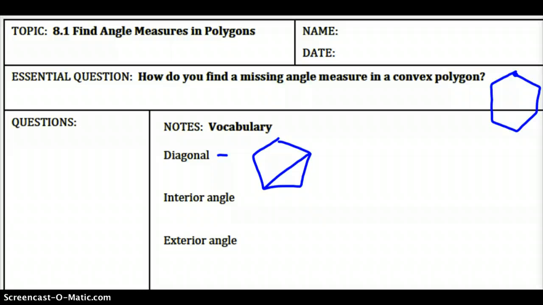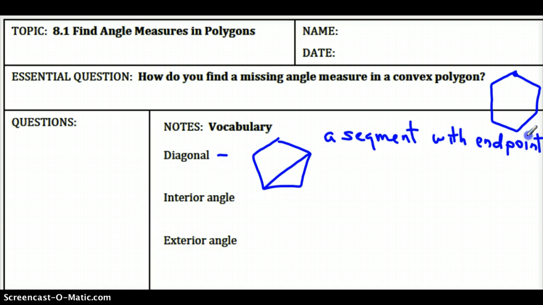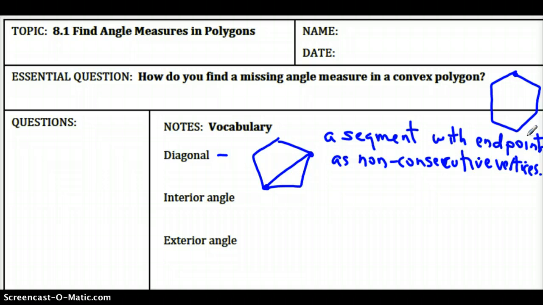So a diagonal is a segment with endpoints as non-consecutive vertices. Okay, so here's an endpoint, here's an endpoint, here's a diagonal.